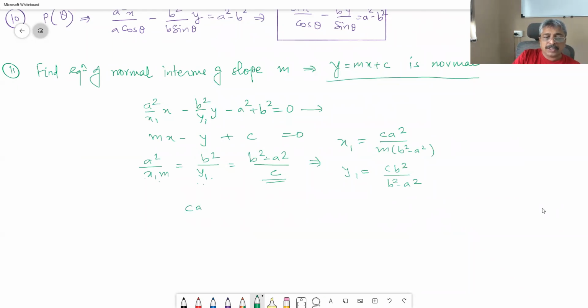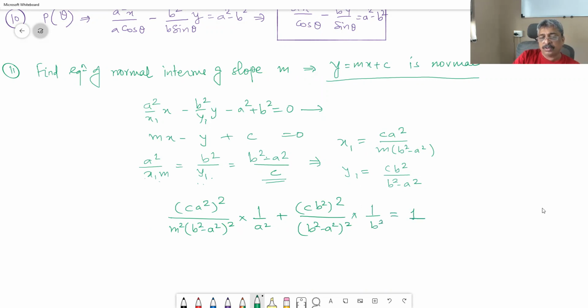So c a square bracket square upon m square into b square minus a square bracket square, this is x1 square, into 1 upon a square, plus c b square bracket square upon b square minus a square bracket square, this is y1 square, into 1 upon b square should be equal to 1. Correct?